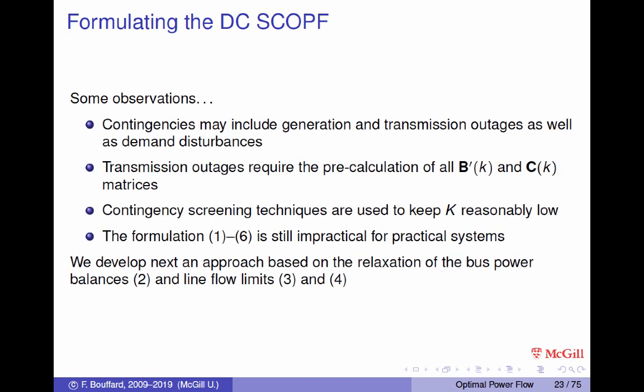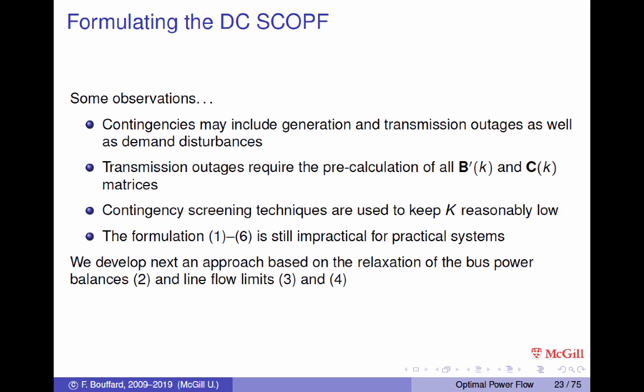So when we look at this problem, the contingencies, so the different scenarios we need to look into, might include generation and transmission outages, demand disturbances, and unforeseen changes in renewable generation, for example.